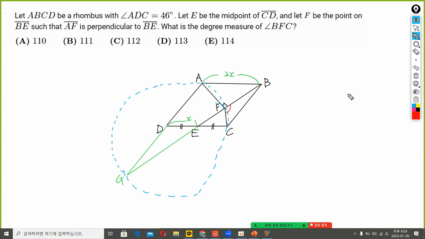And the next point is this angle EFC. This angle is called an inscribed angle, the inscribed angle of arc CG. And this angle, GDC, is the central angle for the arc CG.